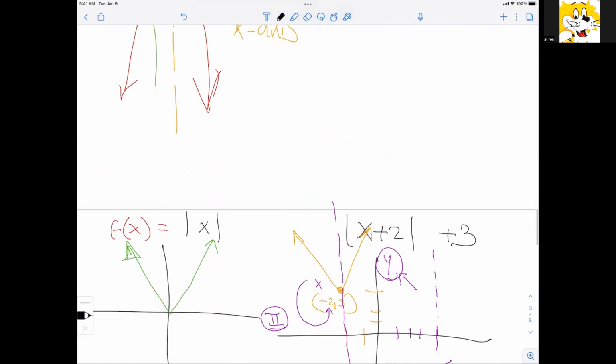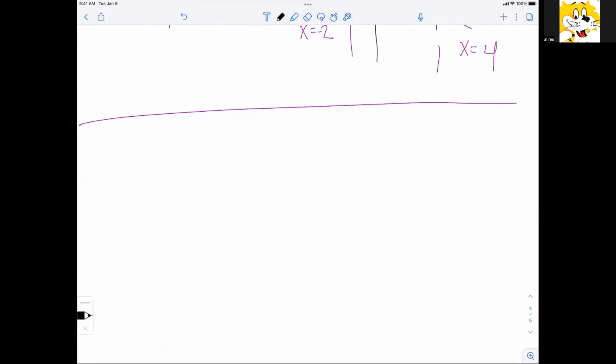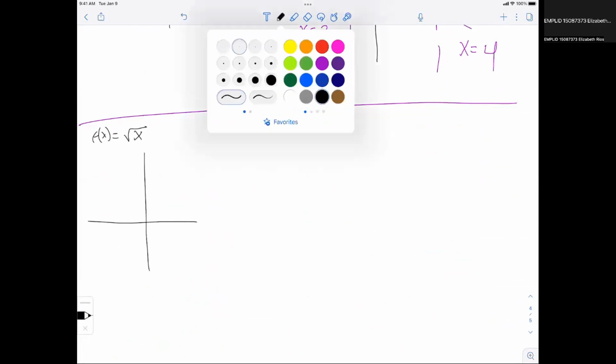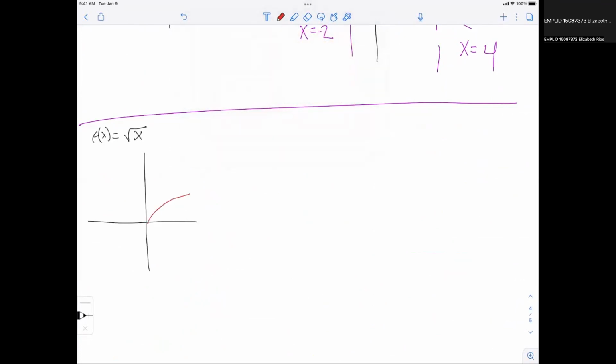So let's do a square root. The square root of x looks like that.